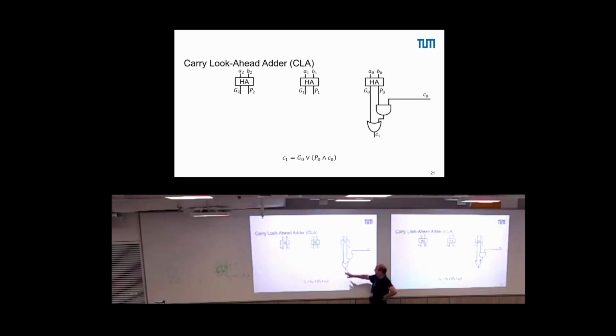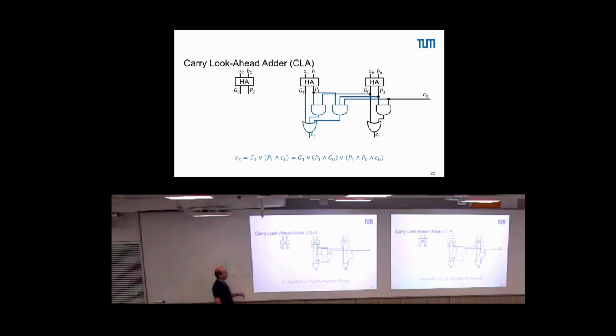That's maybe not so good, but it was more intuitive before to start with Ci minus 1, and now it's better to start with C0. So the carry from the first stage is generated by, as on the previous slide, G0 or P0 and C0, just applying the logic now to generate and propagate instead of to A and B directly.